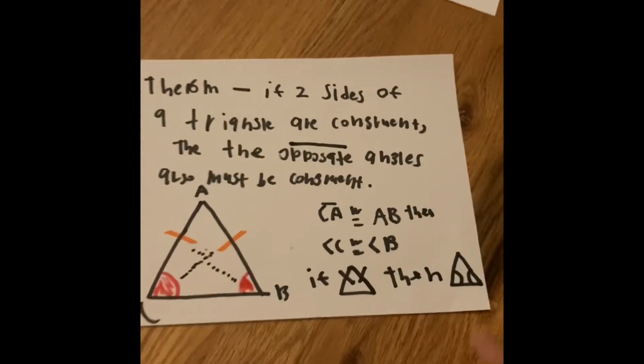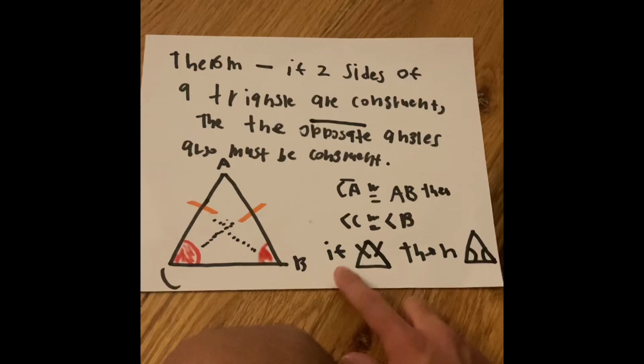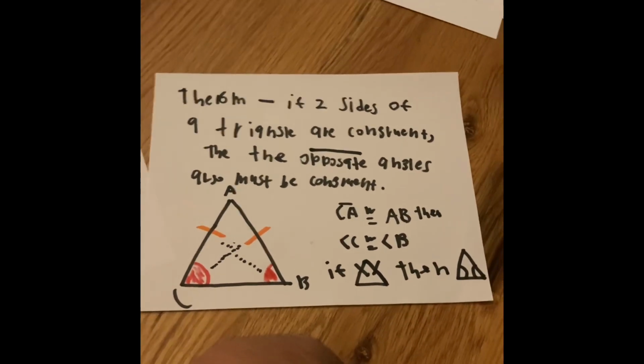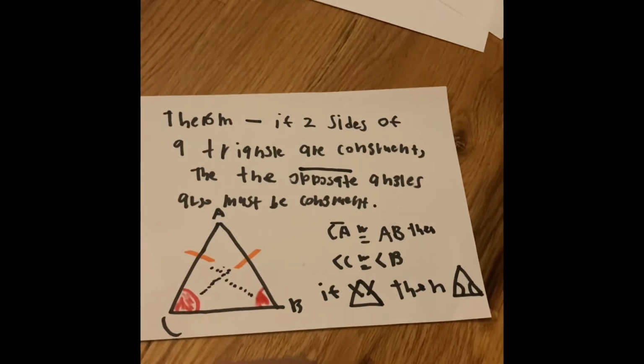So here is theorem number 1. There's no official name for it, but this is how we can say it in our proof. If two sides of a triangle are congruent, then the opposite angles must be congruent.